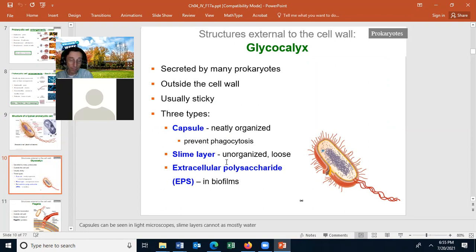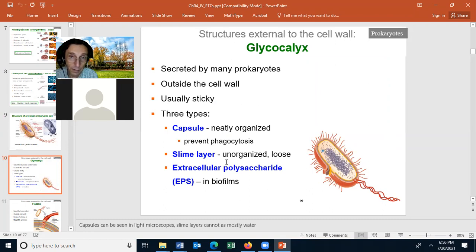A slime layer is mostly water, and it's something secreted by the cell, meaning it's a glycocalyx, and it's a very unorganized, loose structure, and you can't see it with a light microscope because it's mostly water. Okay? Any question about that? To see the slime layer, you'd have to look at the cell with an electron microscope.